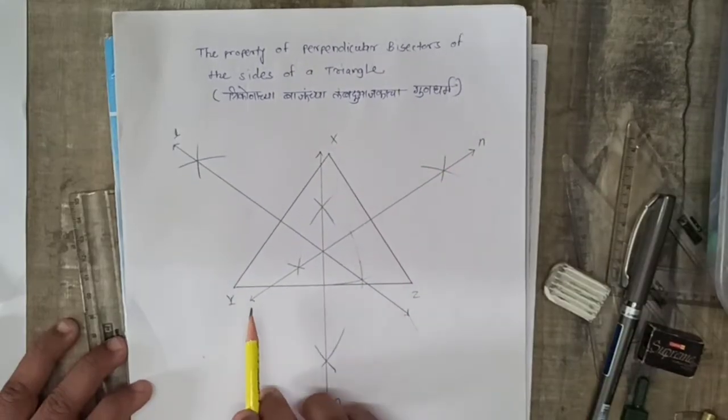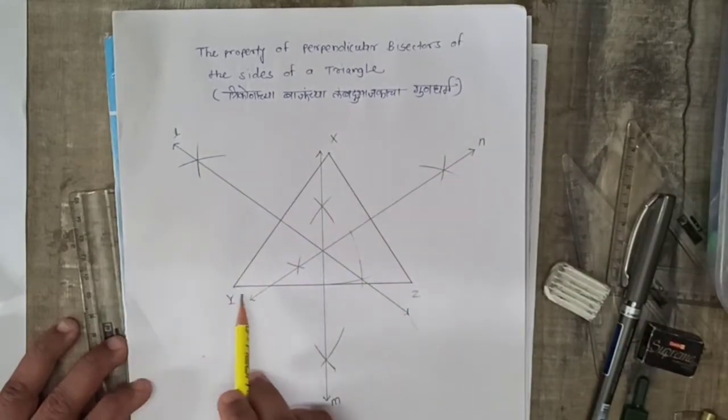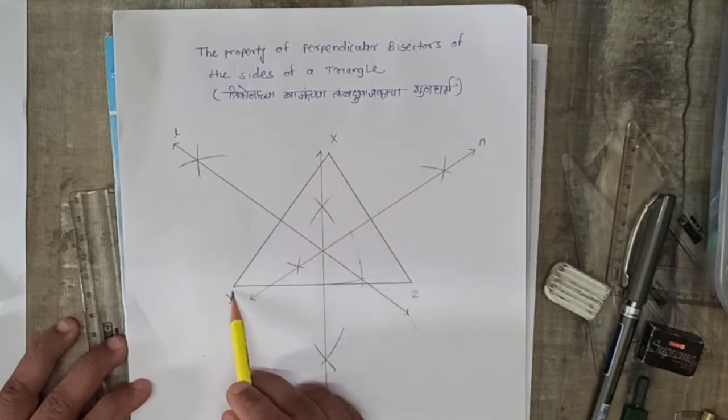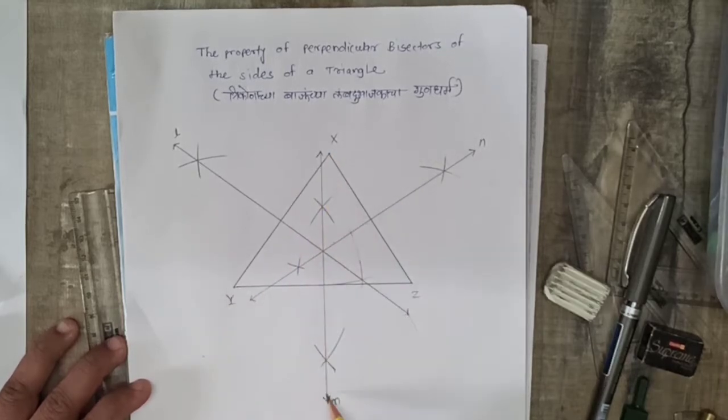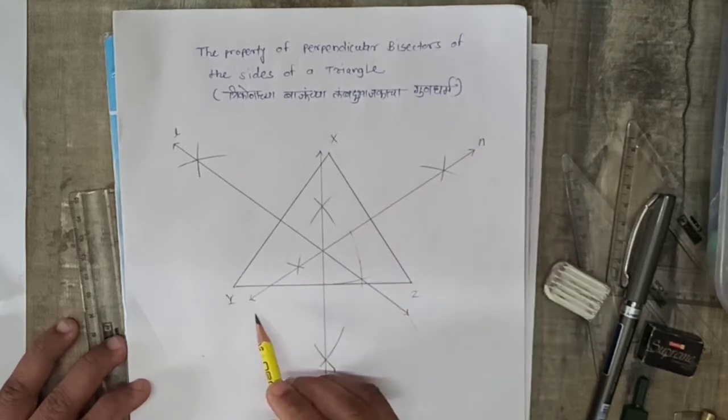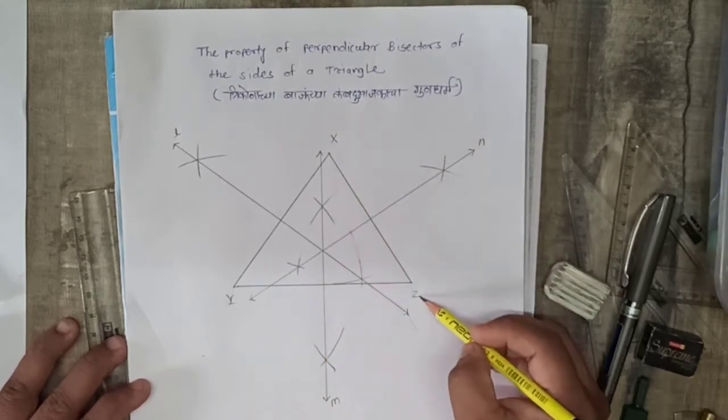So we can see that line L is a perpendicular bisector of segment XY, line M is a perpendicular bisector of segment YZ, and line N is a perpendicular bisector of segment XZ.